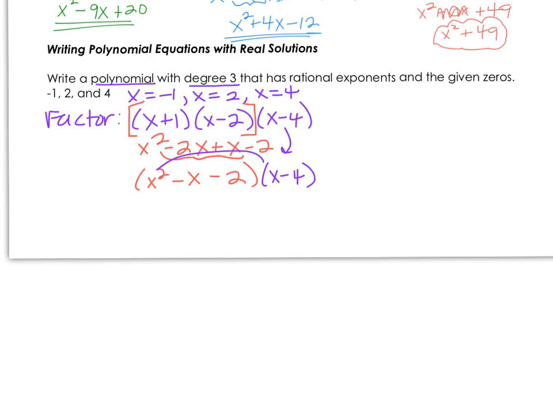X squared times x and x squared times negative 4 would be x cubed minus 4x squared. Then take negative x times x and negative x times negative 4. That would give us negative x squared plus 4x. Then last but not least, negative 2 times x and negative 2 times negative 4 would give us minus 2x plus 8.